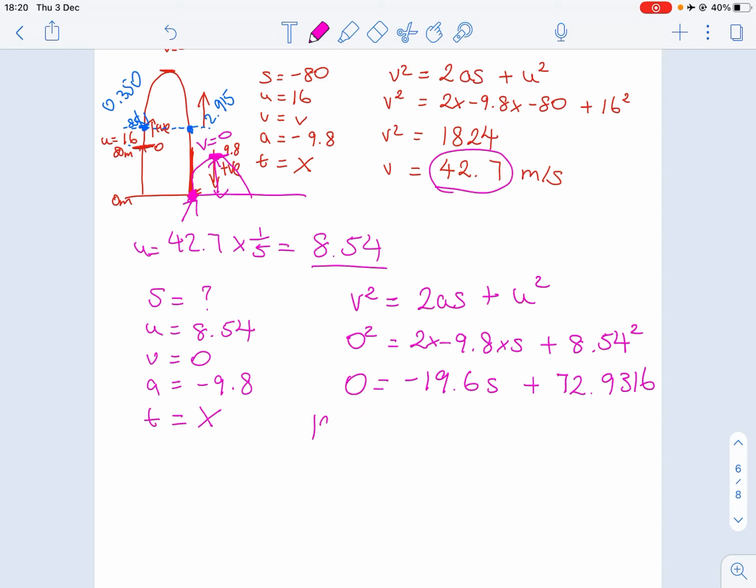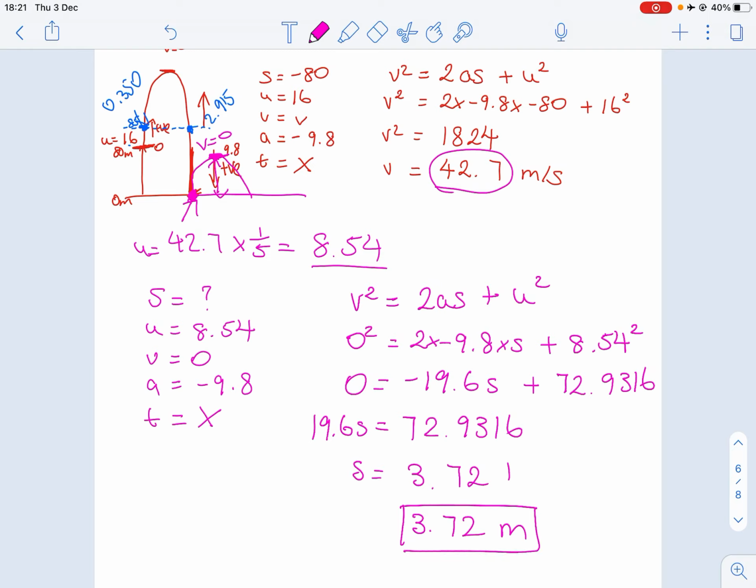So 0 equals that, and we're just going to rearrange. So 19.6 s equals 72.9316. So we know s is going to equal 3.721, or we could write 3 significant figures as 3.72. So the highest it's going to bounce up is 3.72 meters.